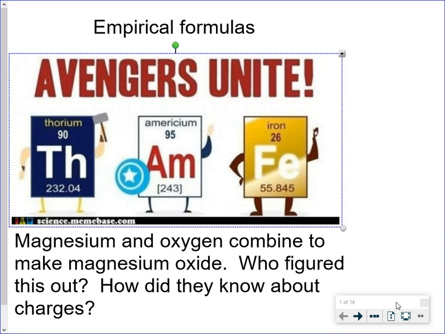Okay, so the last little bit of chemistry puts stoich and bonding together. It's kind of like an Avengers Assemble type situation. The idea of this unit is how can we double check?